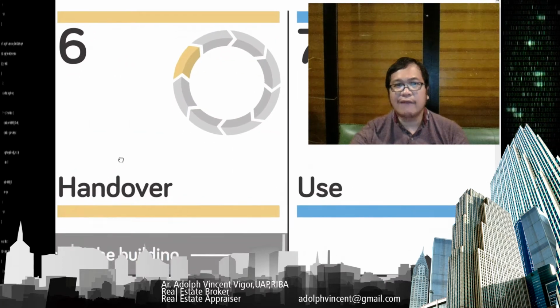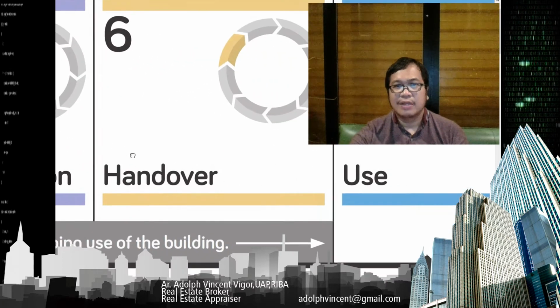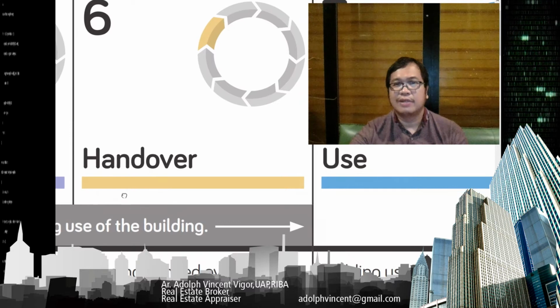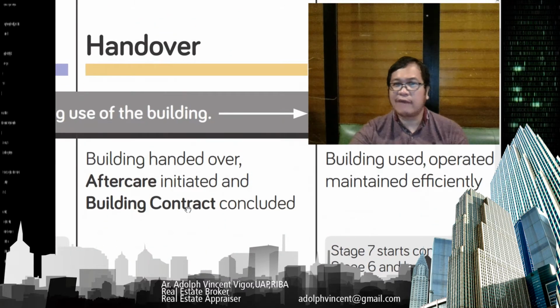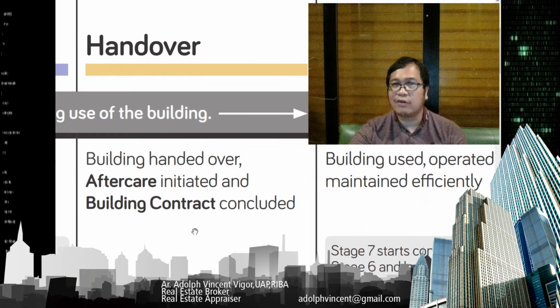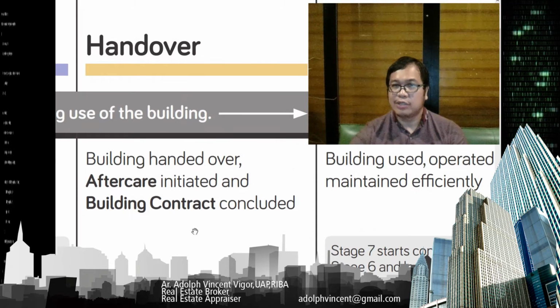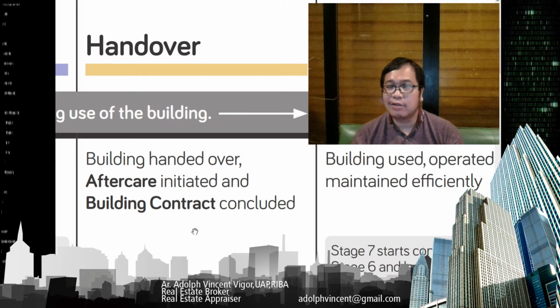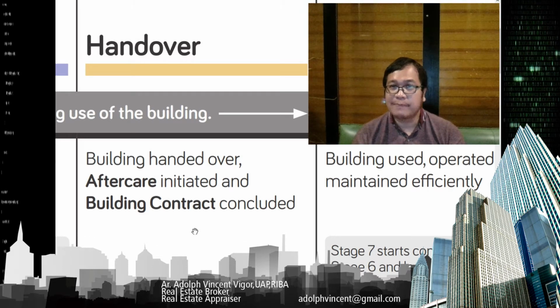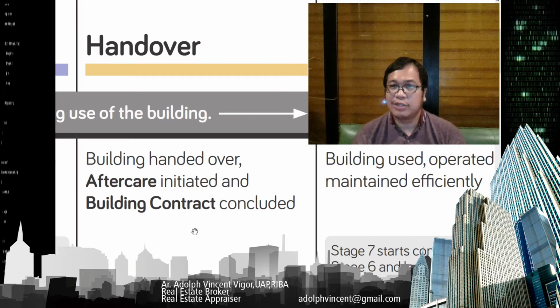Then after that is the handover. When you see handover, the building handover aftercare is initiated and the building contract is concluded. So at handover, the client already accepts the work or the building. So it's already completed.